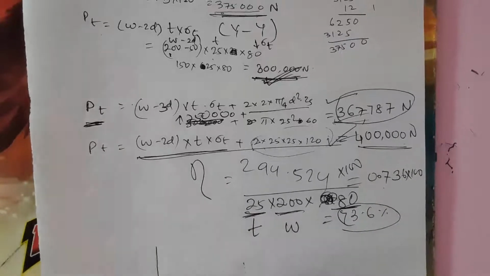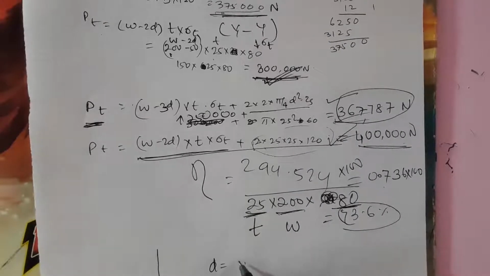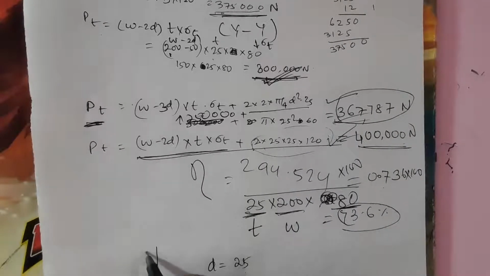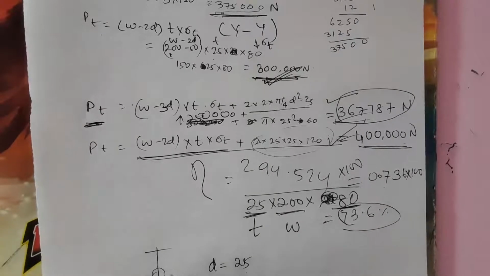Once we know this, the diameter is equal to 25, and there are 3 rivets, and the width is given as 200.